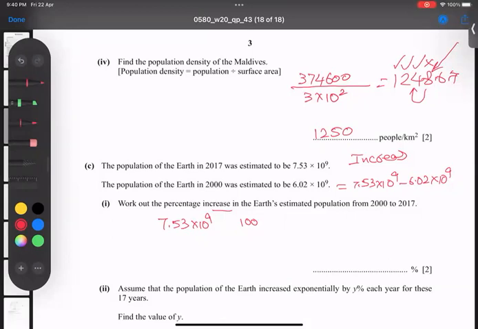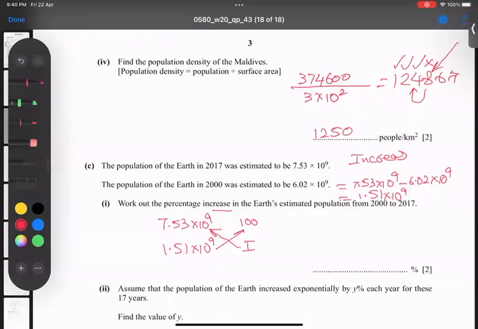So the answer I'm getting, wait a minute. Yeah, I'm getting 1.51 into 10 to power 9. This increase I'll write here, 1.51 into 10 to power 9, equal to how much change or increase. I stands for increase. Cross multiply. And let's see what answer turns out.